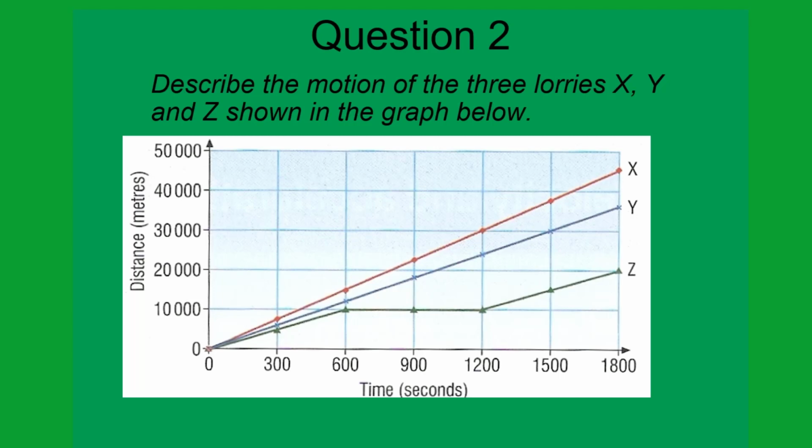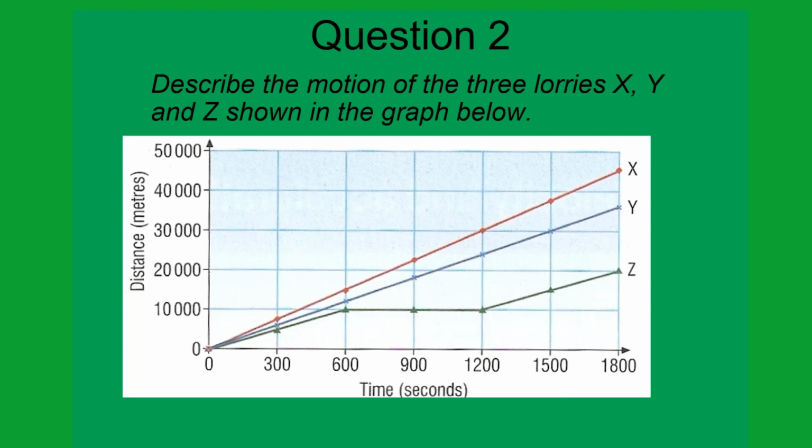So the lorry moves with constant speed or steady speed. The distance-time graph for Y is also a straight line but less steep, so its gradient is less than X. So Y also moves with constant speed or steady speed, but the speed is lower than lorry X.